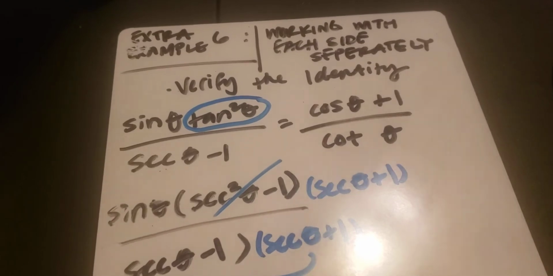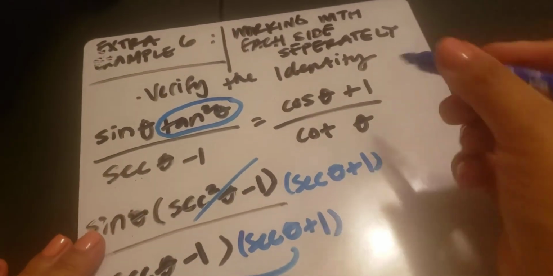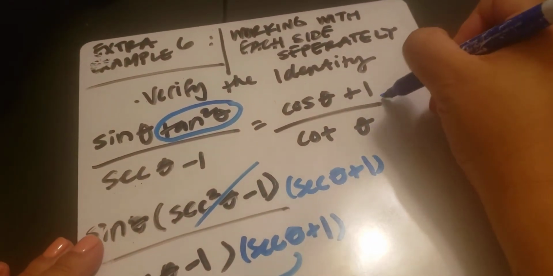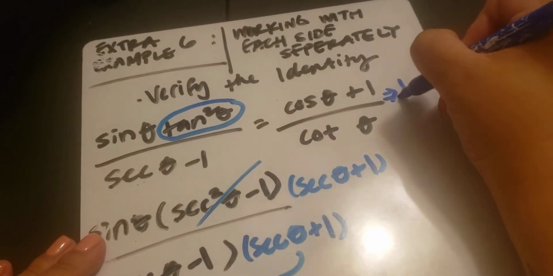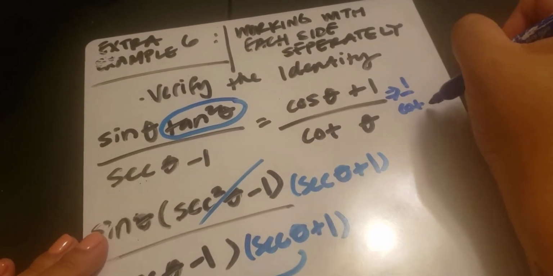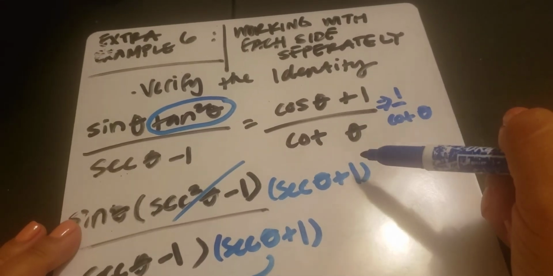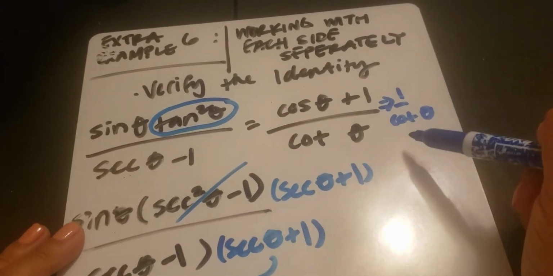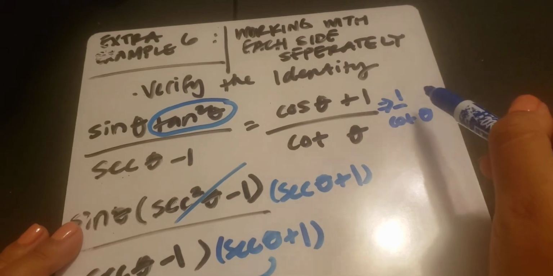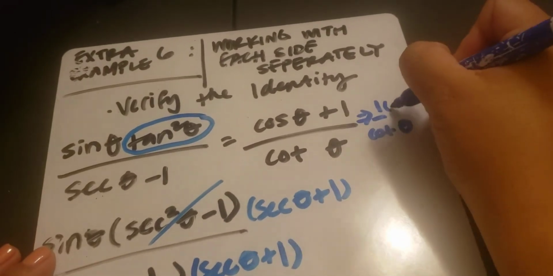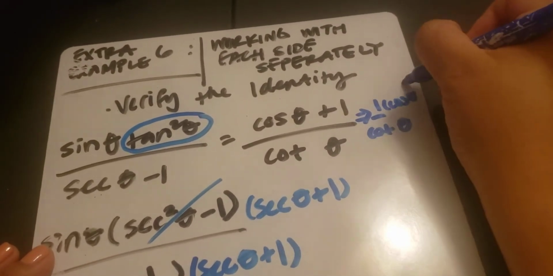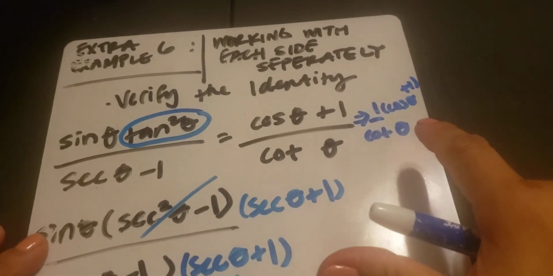Well, boys and girls, this is the same as, ready? This is the same as saying 1 over cotangent of theta. And of course, I still have cosine of theta over 1, right?